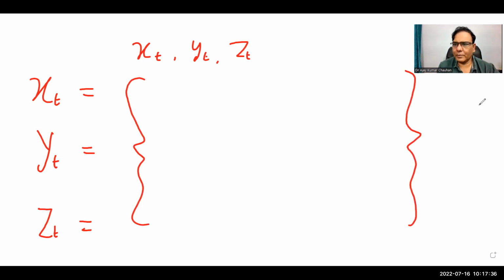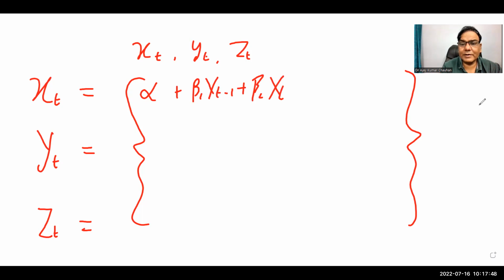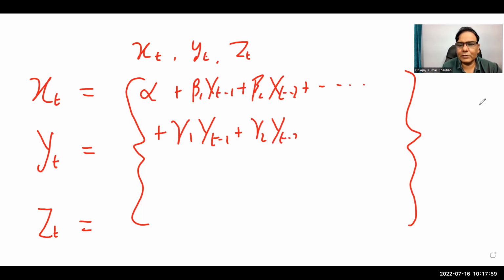all the dependent variables. So first of all, I am taking alpha plus beta 1 xt minus 1 plus beta 2 xt minus 2. These are the past values of x, plus gamma 1 yt minus 1 plus gamma 2 yt minus 2, gamma 3 yt minus 3 and so on.